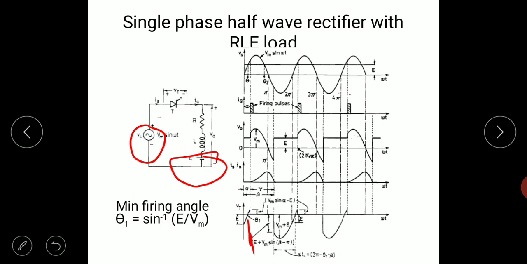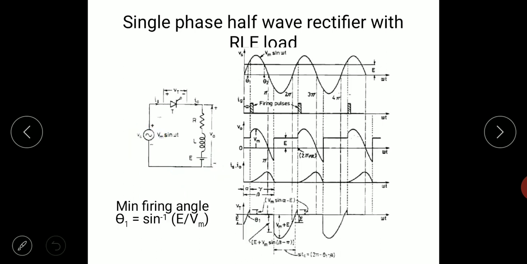If we are considering the circuit time, we will have to consider this duration theta 1 in the circuit time. So 2 pi minus beta plus this theta 1 angle, because this duration is reverse bias voltage across the SCR. Only after theta 1 angle the SCR will become forward biased. The SCR will not conduct anyhow before this instant.